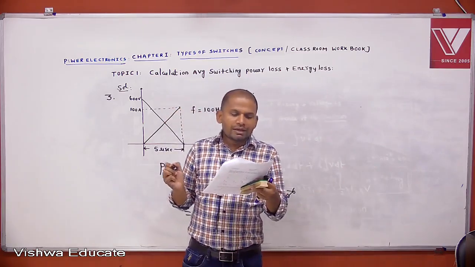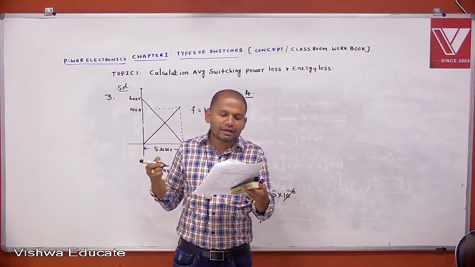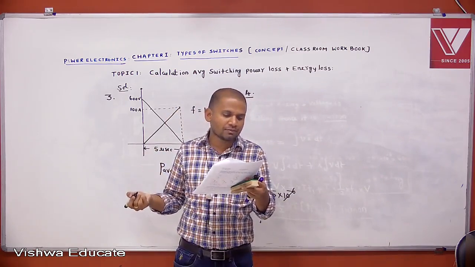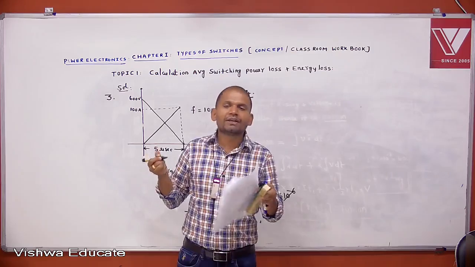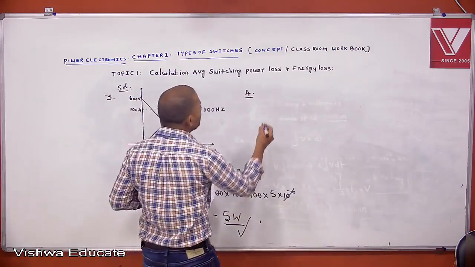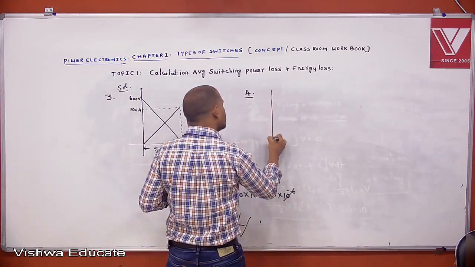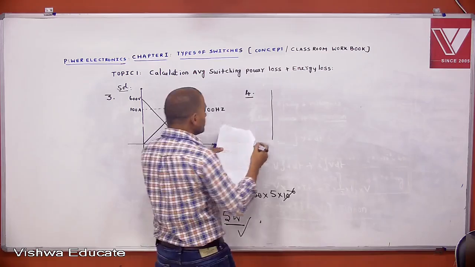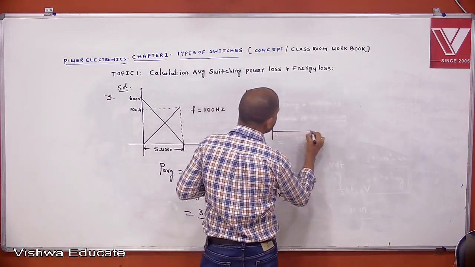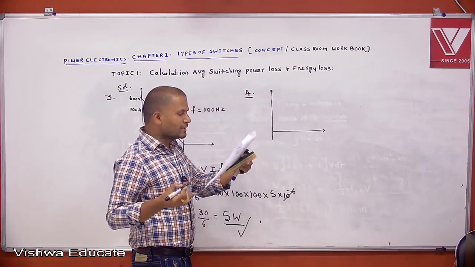Turn on and turn off variations are shown in the figure. Then calculate the mean power loss at a frequency of 10 kHz. What characteristics are given? These are the characteristics given in the problem.